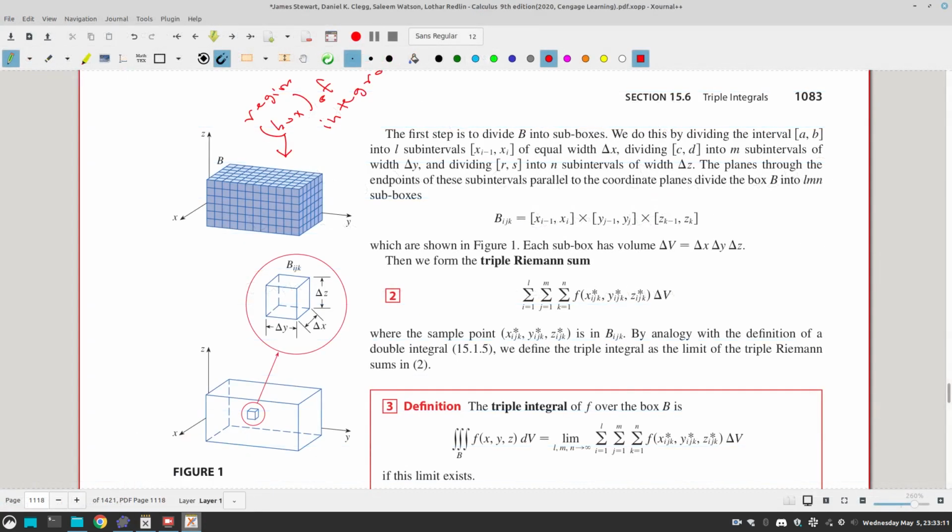So our big box of integration is B, and that big box has been broken down into LMN sub-boxes, and the volume of each sub-box is delta x times delta y times delta z.